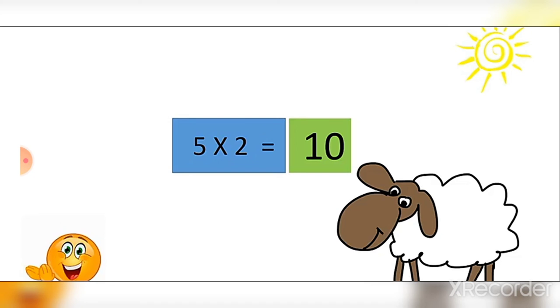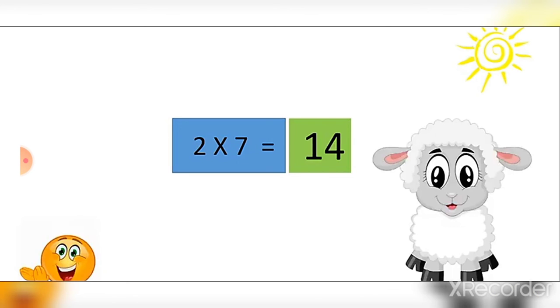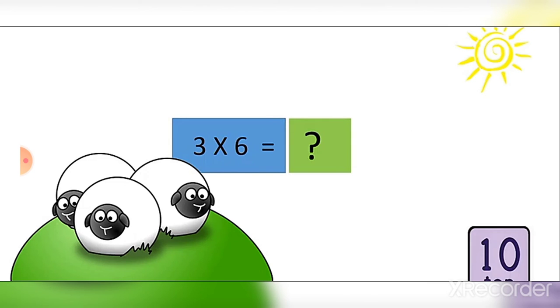Look, what comes next? It is 2 7s are. What do you say? What will come? 2 7s are 14. Next is 3 6s are. Wow.